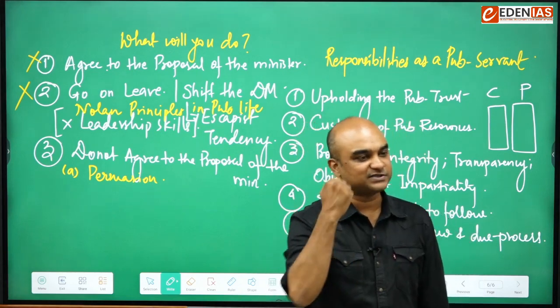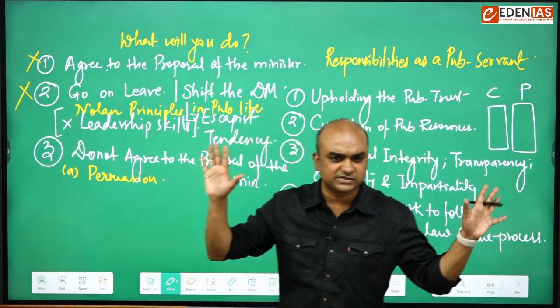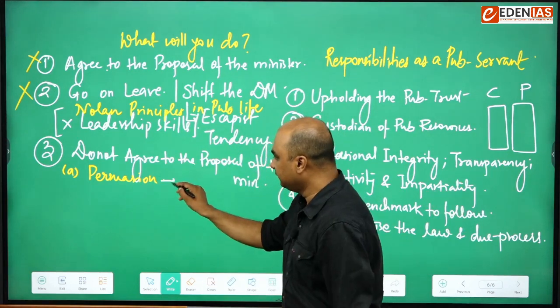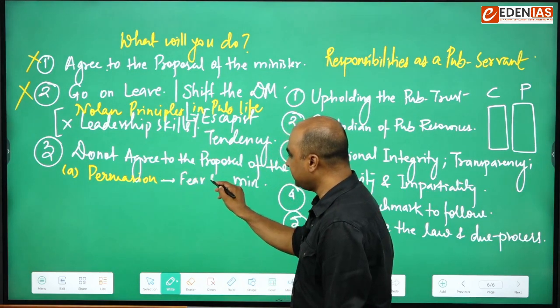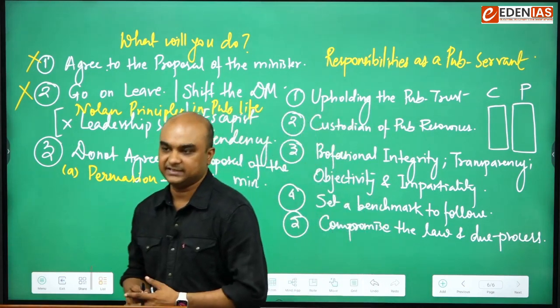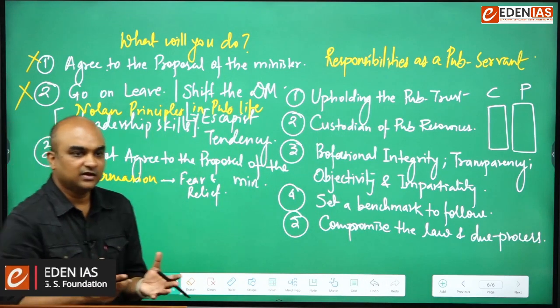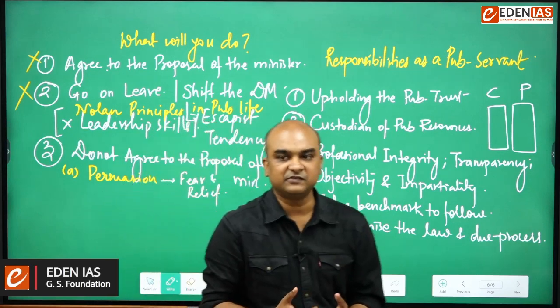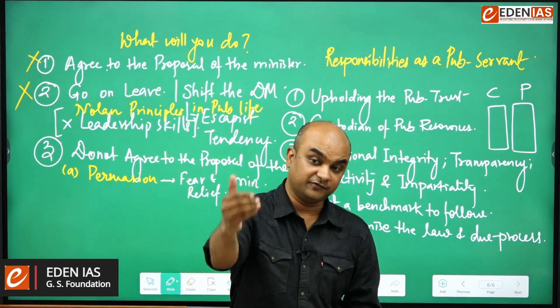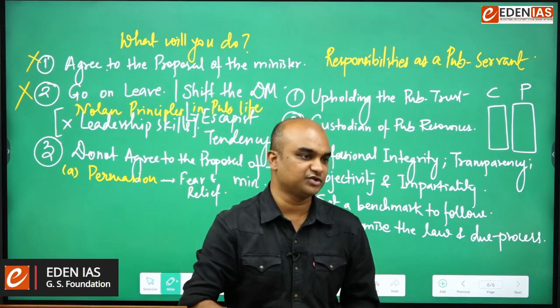And what kind of persuasion can you do? Remember the persuasion tools that we discussed in the class? You can pick any. Say for example, I am picking here fear and relief. You can say to the minister that, sir, what you are proposing, if we follow that, then there could be problems in the future if there is an inquiry commission.